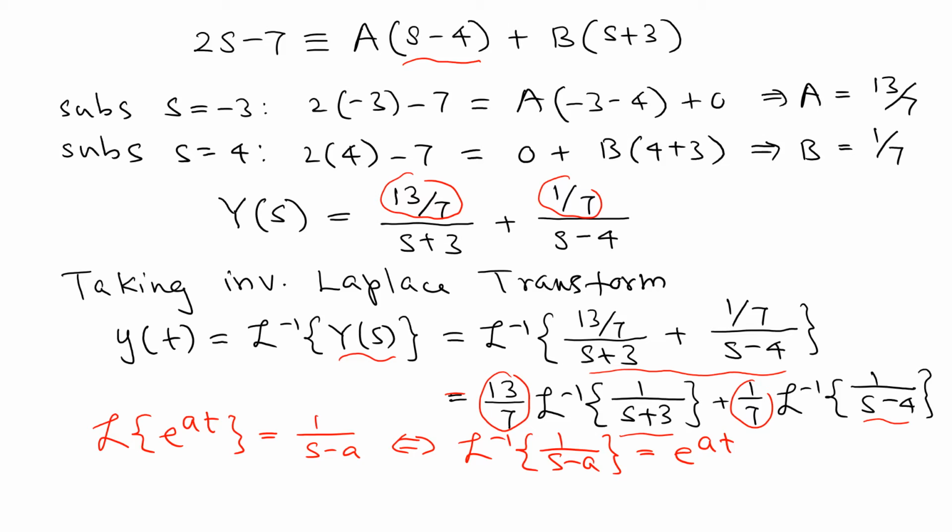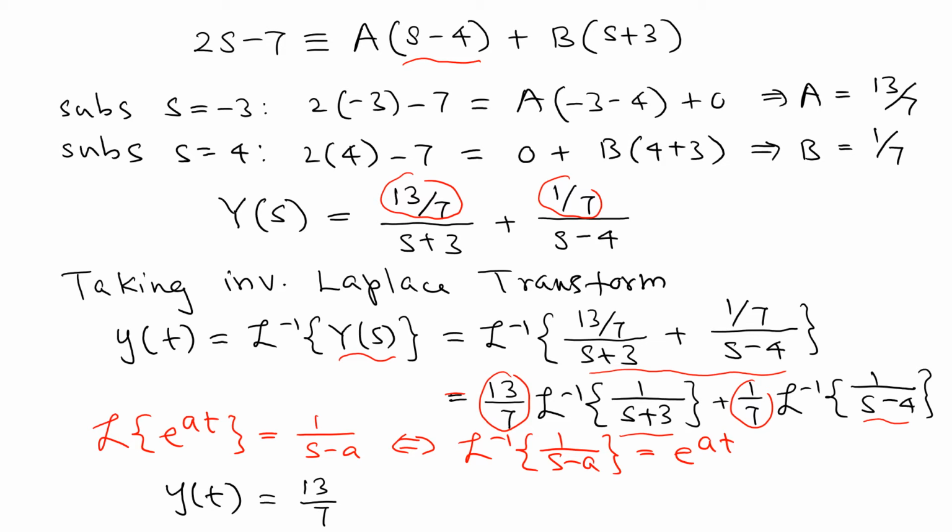That means you can write the final solution, y(t), which is equal to, from the first one, you're going to get 13 over 7.